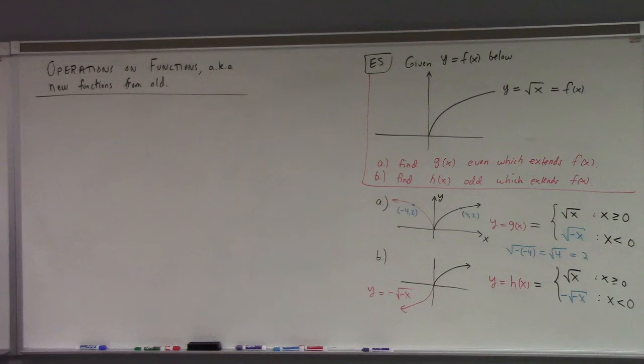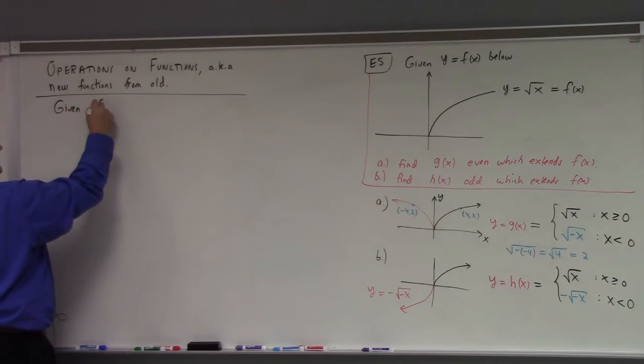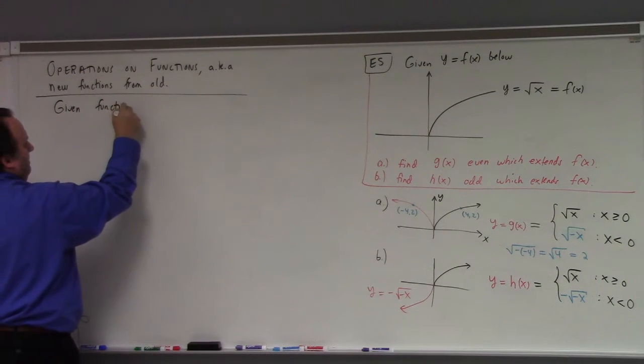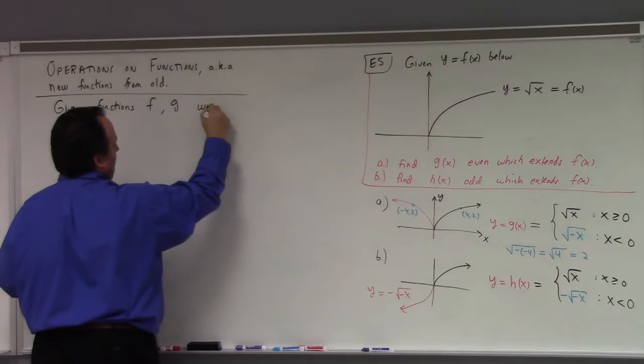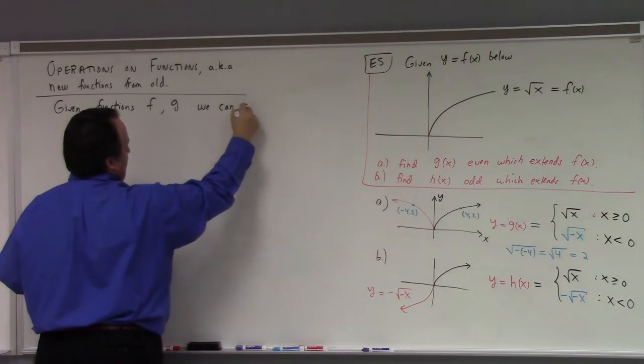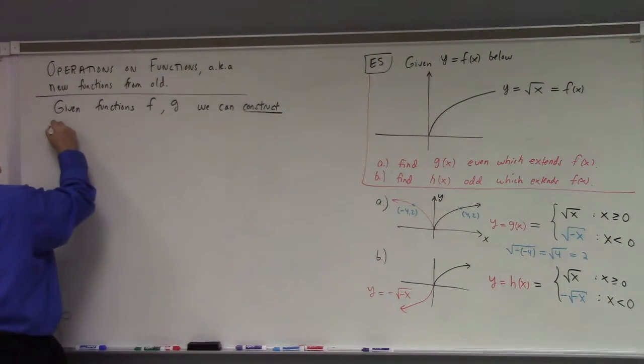I want to explain how, if you give me a pair of functions, let's say f and g, we can construct new functions.